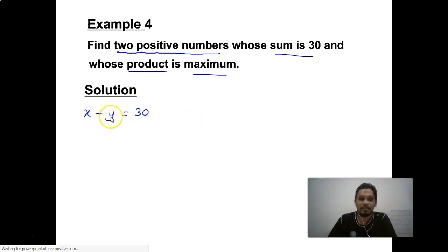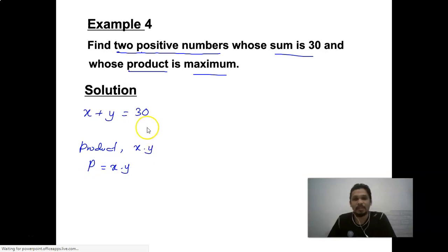The product means x multiplied with y, where the product is maximum. So we put P equal to x multiplied with y. These two are the information that we can get straight from the question.